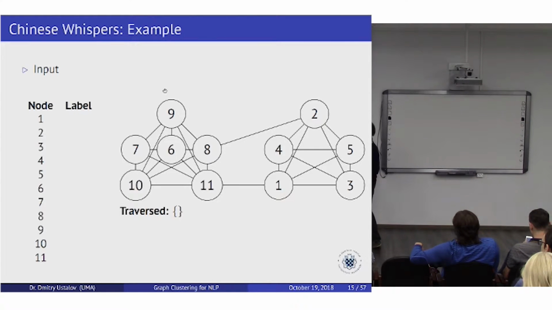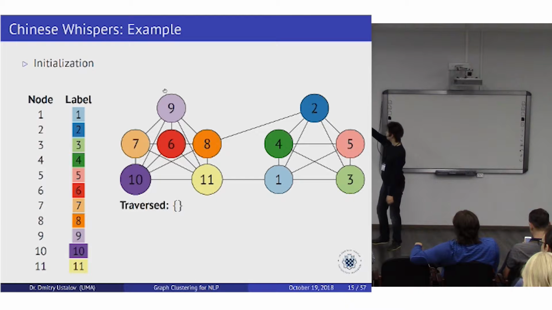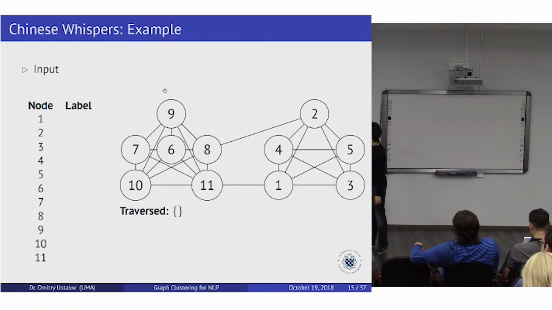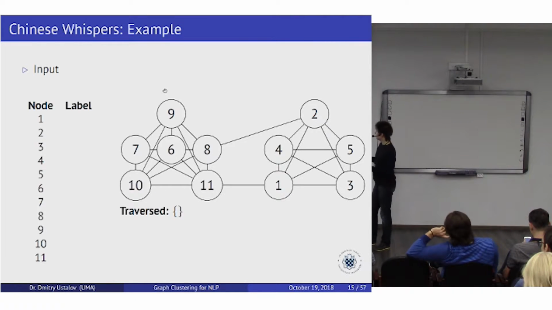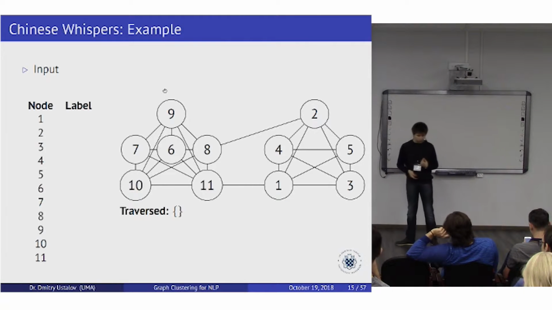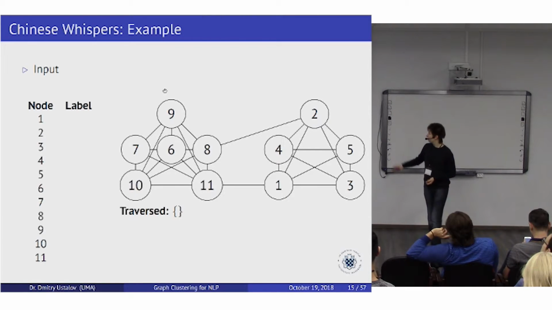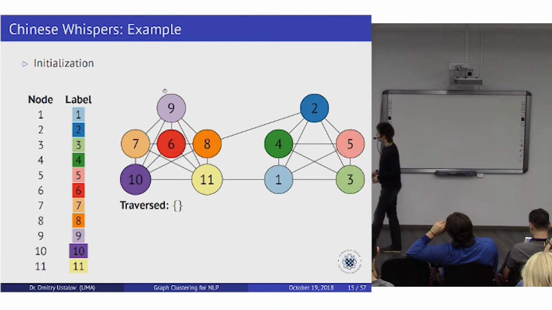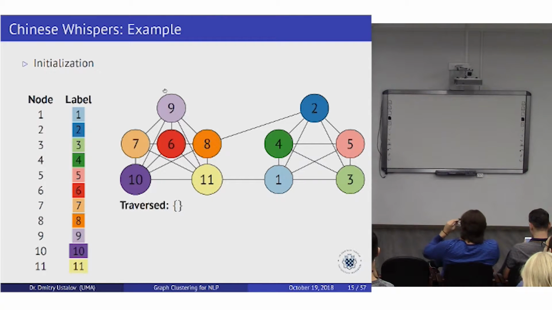So we have the following graph. This subgraph has 5 nodes. This subgraph has 6 nodes. And we will use Chinese Whispers iteratively to cluster this graph. OK, we initialize the algorithm. We provide every node with a random label.